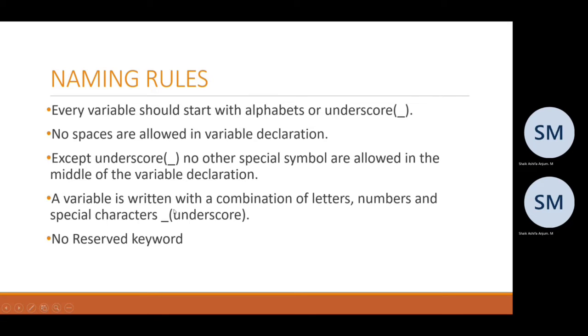A variable name is written with a combination of letters, digits, and the special character underscore. We cannot use any other special character, and we cannot use a variable name that is a reserved keyword.